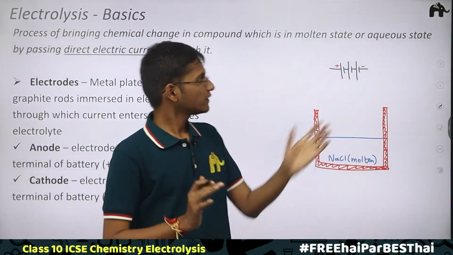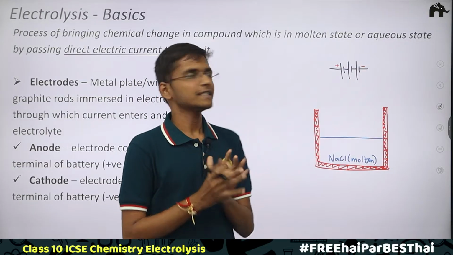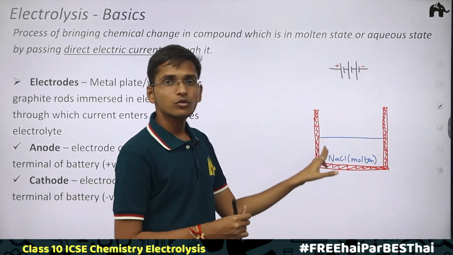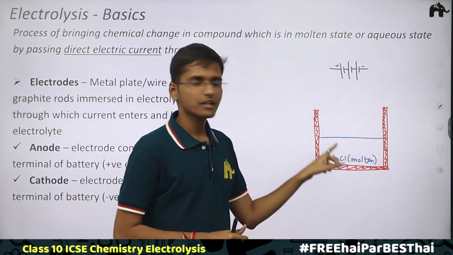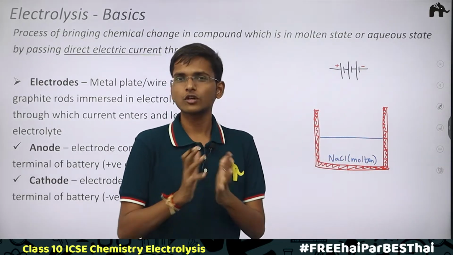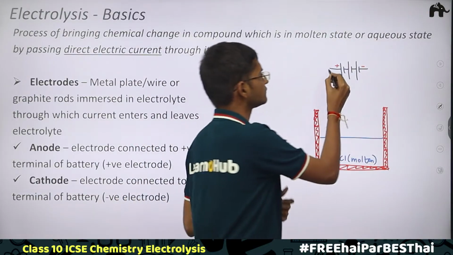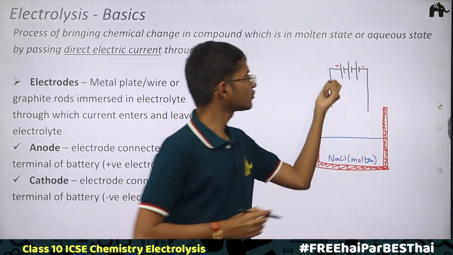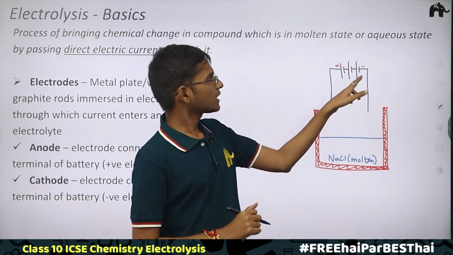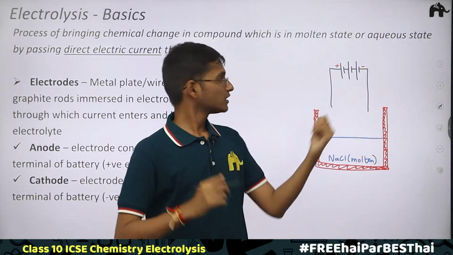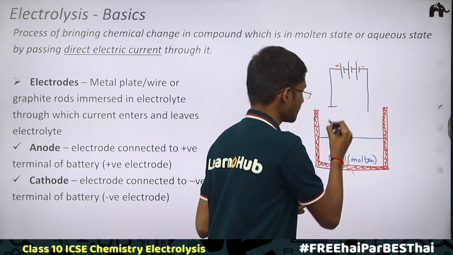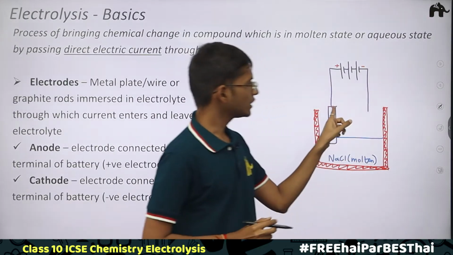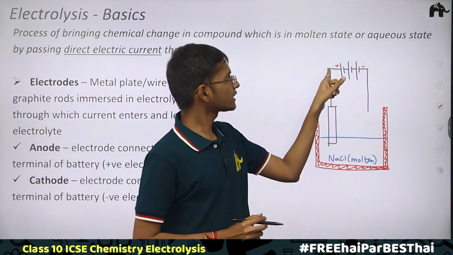So now we have to do something so that this electric current flows, or we have to pass this electric current through this electrolyte. So we need to do something. What I can do is simply take two wires, and connect one wire to the positive terminal, another wire to the negative terminal, and then I would take two rods, and connect one rod with the wire which is connected to the positive terminal.